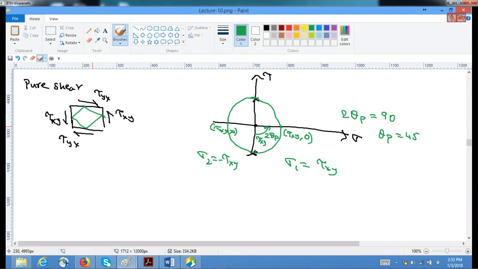So at 45 degrees, this element is subjected to plus tau xy, 0, 0, minus. So that means the stress state for the blue element is like it is pulling in the A direction, which we called A earlier, and it is compressing in the B direction by tau xy magnitude.